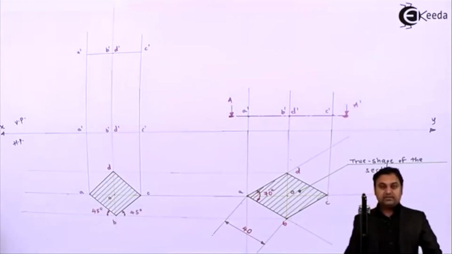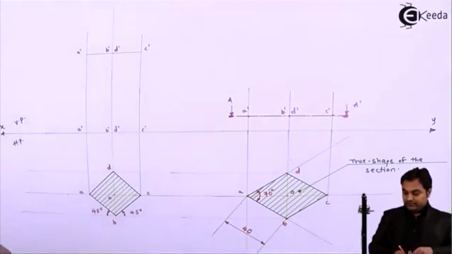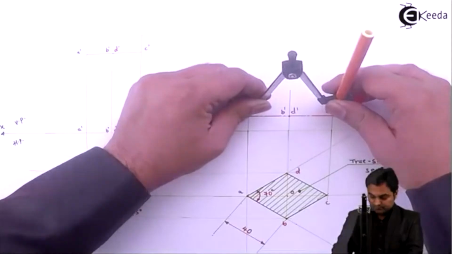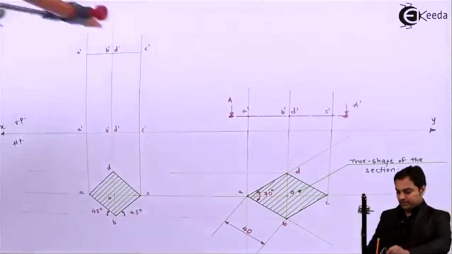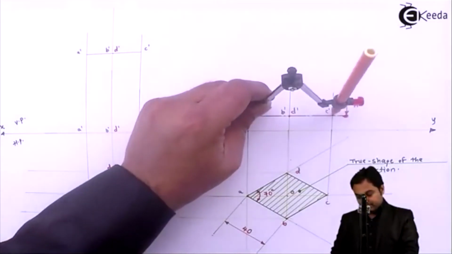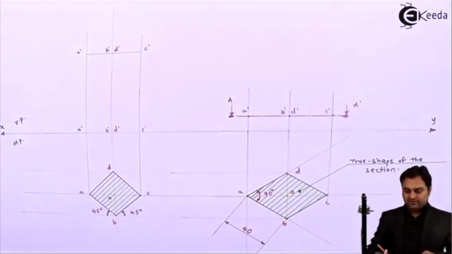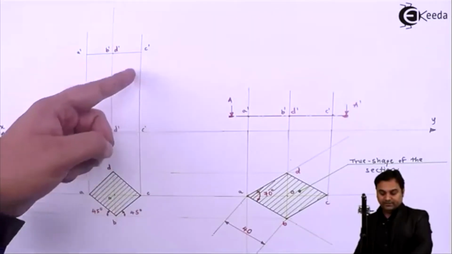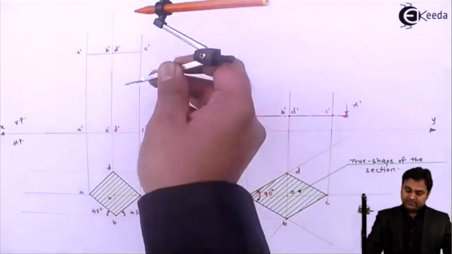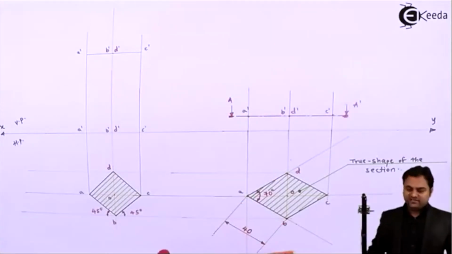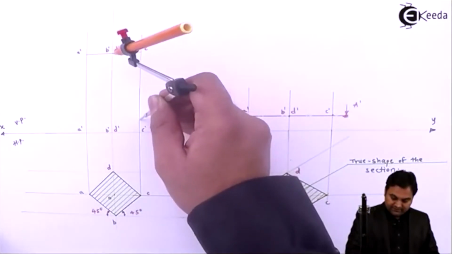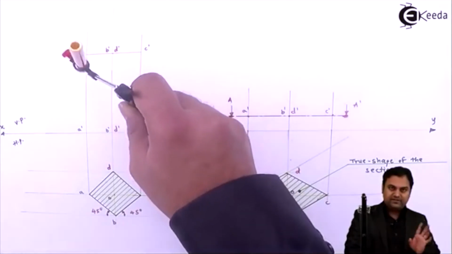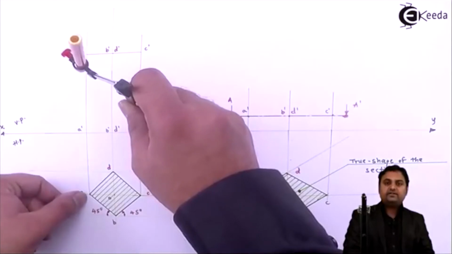Next, we have to adjust the cutting plane in the front view. For that, I am measuring the length of the cutting plane. And now, I have to take the length of the cutting plane and adjust it in the front view. So at C, we are getting a single point. It means when the cutting plane is passing through this edge, C dash, it is going to give us a single point. So we can take that point anywhere on this section, and we have to cut the section in such a way that at A we are getting a single point.